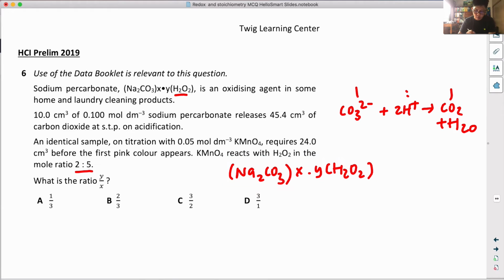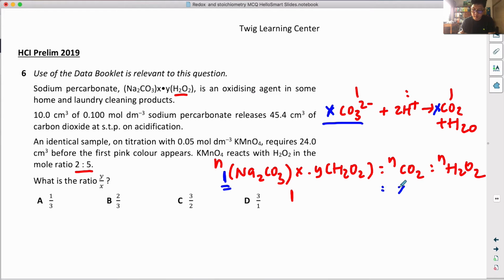We're going to try to find out the ratio between this and carbon dioxide, carbonate, as well as H2O2. So I'm putting number of moles of this is to number of moles of carbon dioxide is to number of moles of H2O2. 1 mole of this, the number in front, will give you X carbonate, which will also give you X CO2.